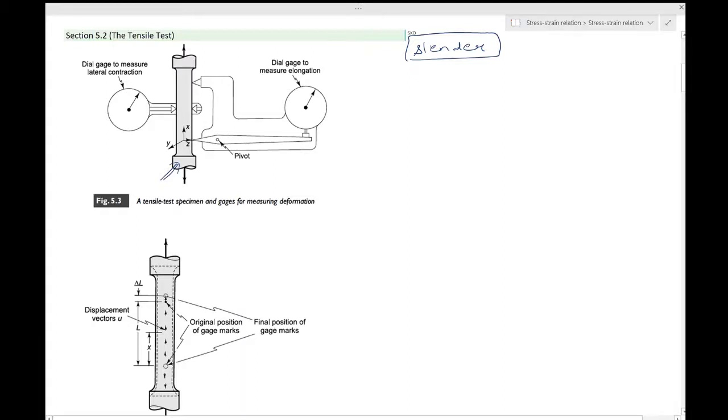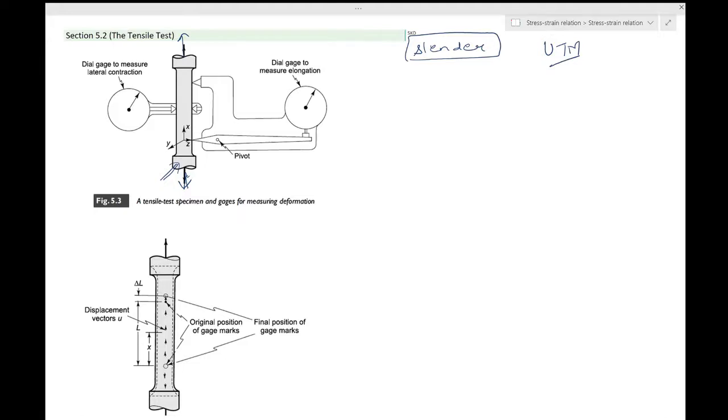The ends are moved apart by a testing machine which indicates the load required at each stage. So this is the load which is being applied, and these two ends are pulled apart in the direction shown by a testing machine, or in short UTM, which is called a universal testing machine. Perhaps it can do other tests than this.